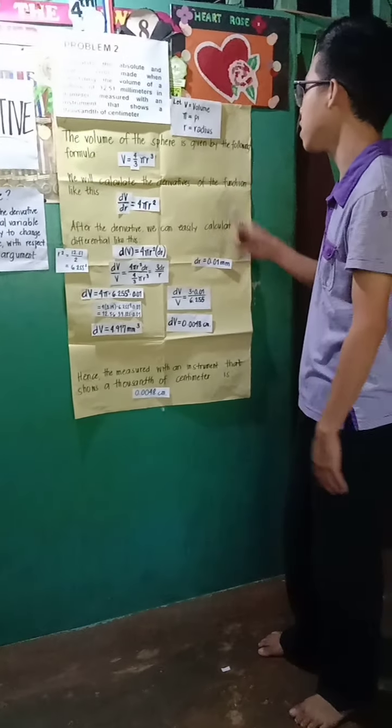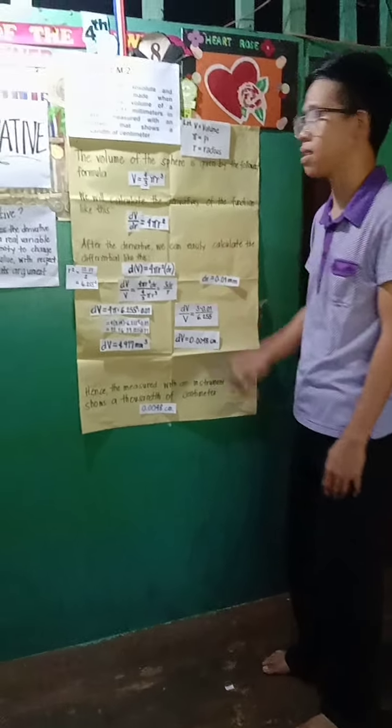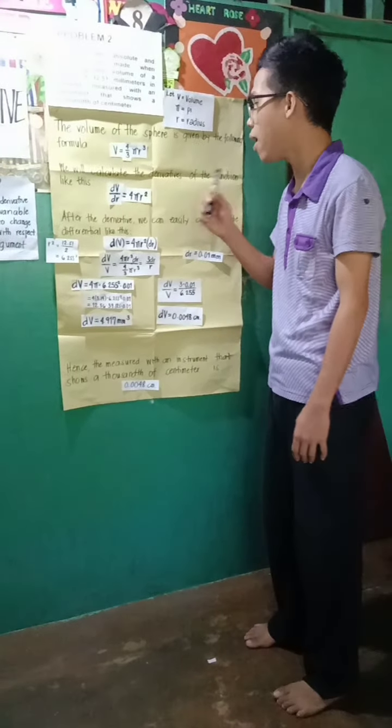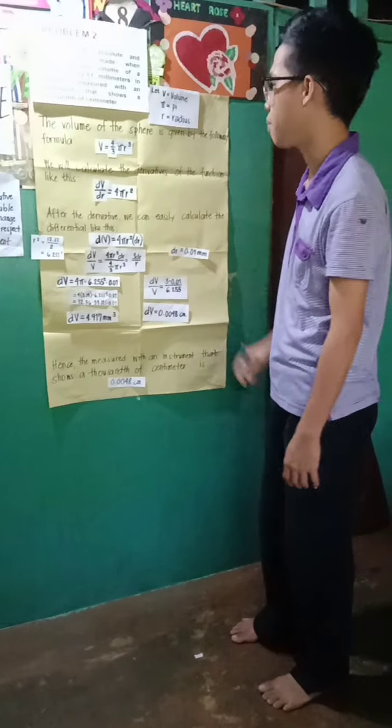Then we will calculate the derivative of the function like this: the derivative of volume with respect to radius is equal to 4 pi r squared.